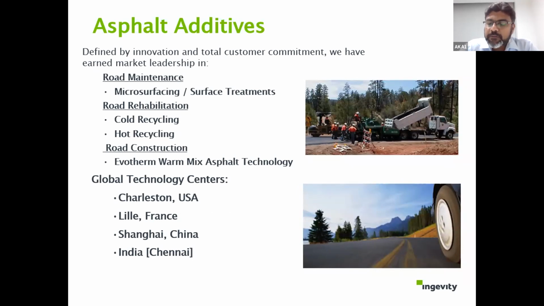For preservation and maintenance, we have solutions such as microsurfacing, cold mixes, and various other treatments such as chip seals and things like that. We do have certain R&D centers. Typically, our R&D center is in Charleston, USA, but most of the other labs are for development purposes. We also operate from the IITM Research Park laboratory here.